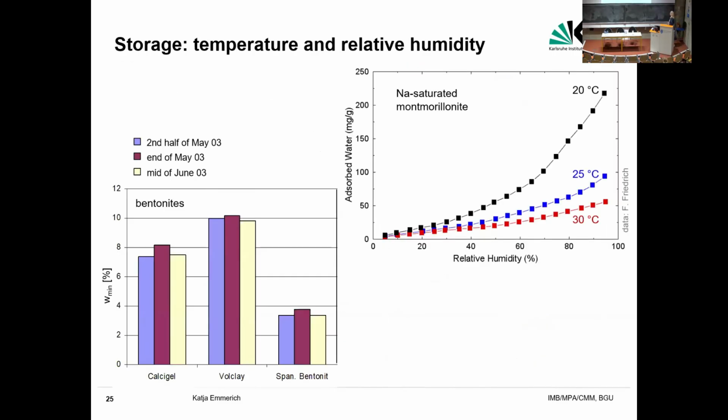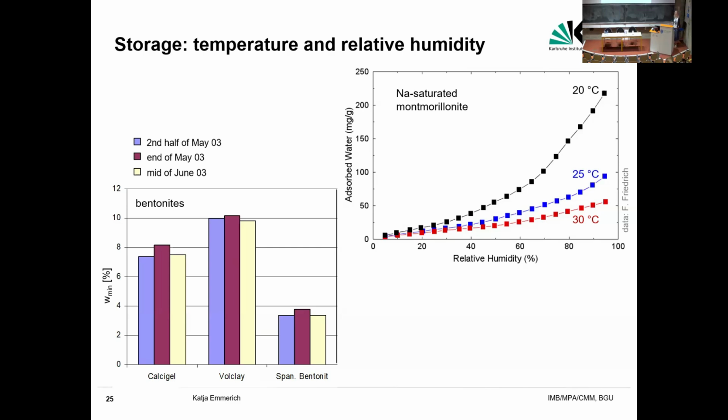Sample storage and sample preparation also have an influence on the outcome of your thermal analysis. We heard already in the morning during the talk of Bruno Lanson about the hydration of smectites and how this influences results of X-ray diffraction analysis, and we also see that we get this information from thermal analysis. Water content.